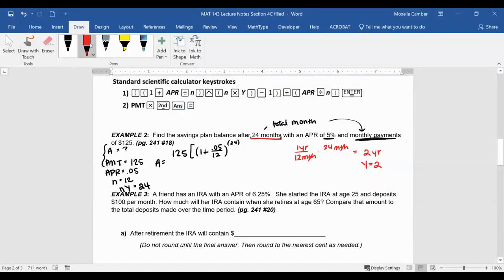If we didn't know that, we would have our n is 12 times the y, which we found over here is 2. Actually, probably would put it in as 12 times 2. Okay, n times y. Okay, and then finishing off, we have a minus 1. And that is going to be divided by my APR again, so 0.05 divided by n.